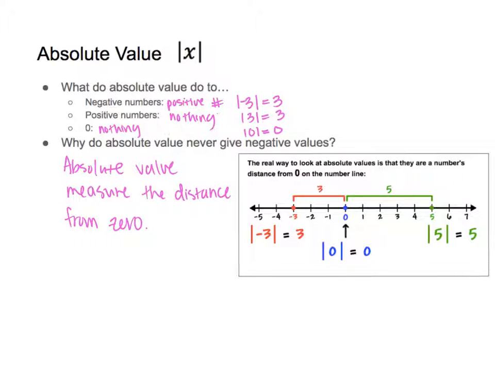I don't know if you can see this picture here. So let's say we were at that -3, right? Well, that -3 is 3 units away from 0. So we are actually looking at the distance from that number, and distance is never a negative number, right? So that's why that's a 3.